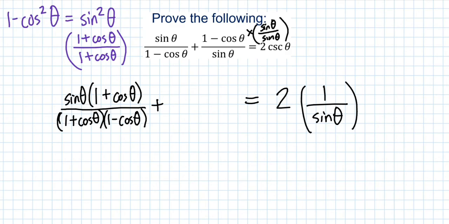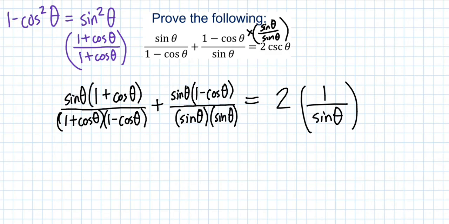All right, so that's going to give us sine theta multiplied by 1 minus cosine theta all over sine theta sine theta. Okay, so it's a little bit hard to follow. Basically what I did is I multiplied these two and these two. Okay, now why did I do that? Well, hopefully the next step makes it clear.